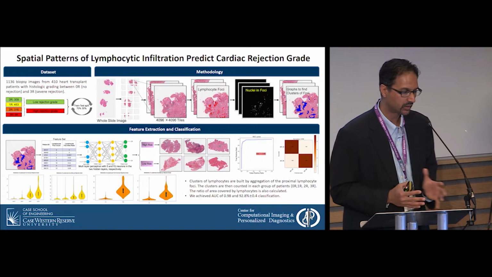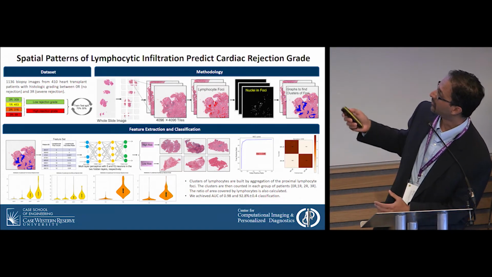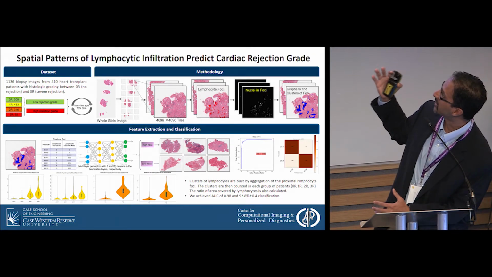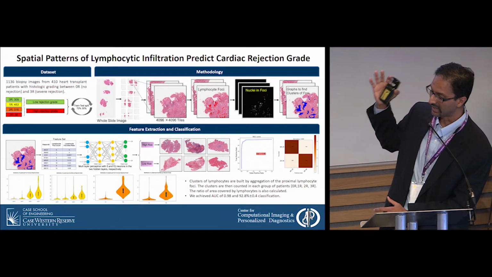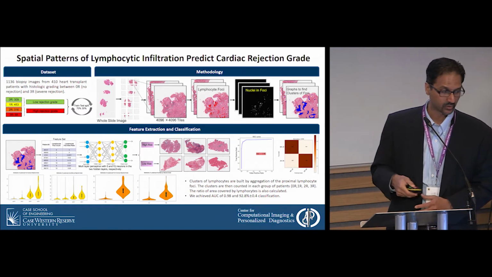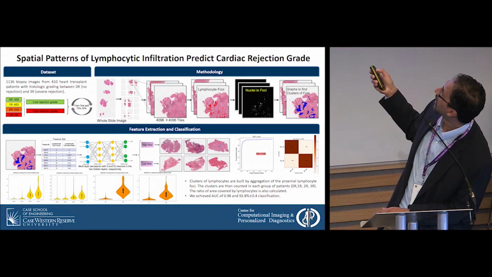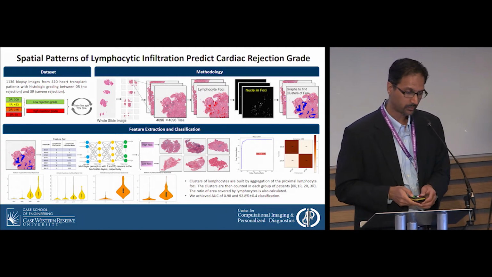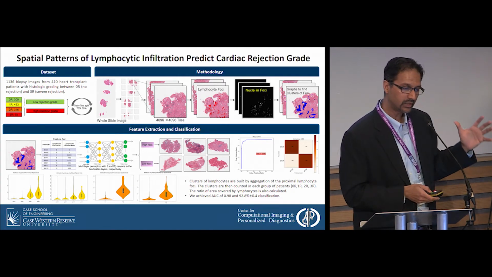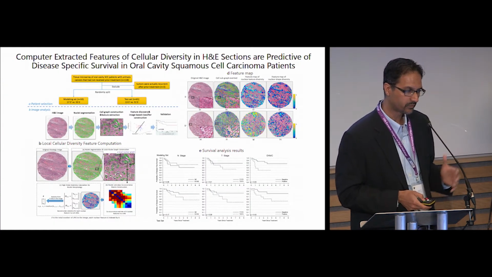What was interesting in work that was just published, presented at the USCAP meeting last month, is that the spatial arrangement of the immune cells in cardiac pathology was strongly predictive of rejection grade. This is in about 410 heart transplant patients. We found that we could separate low rejection grade from high rejection grade with an AUC of about 0.98. So again, there really is something to be said about having intuitive features that are also predictive.